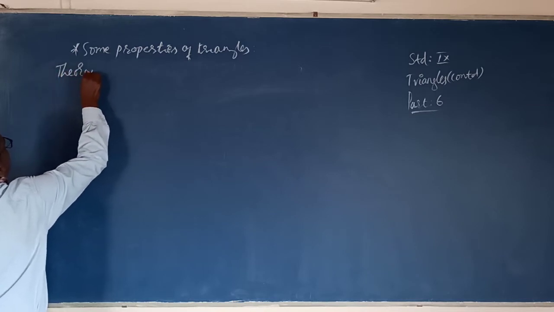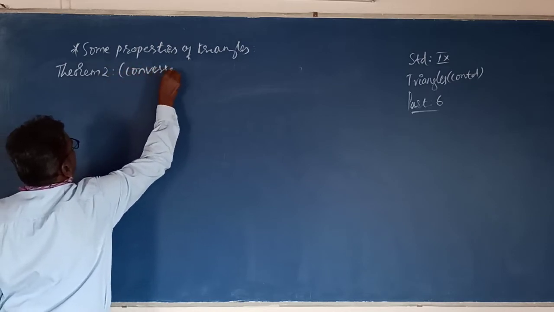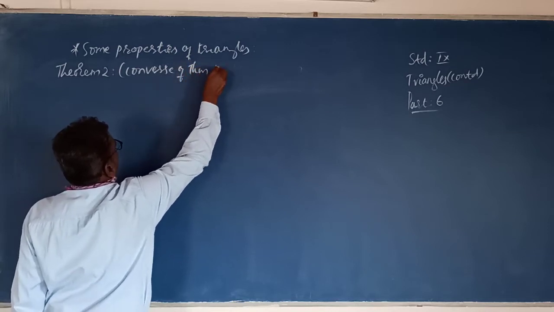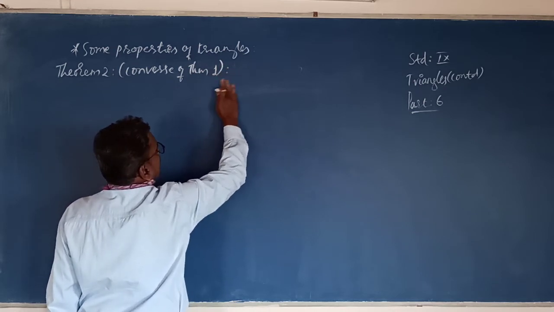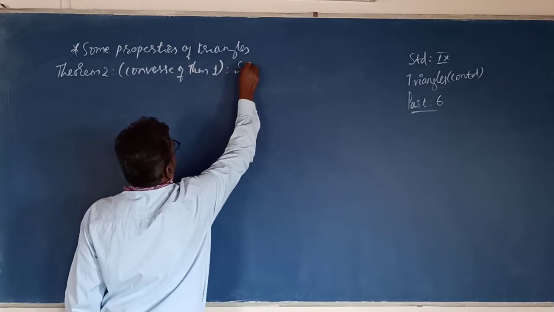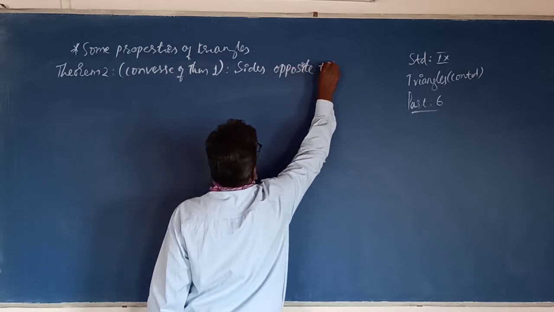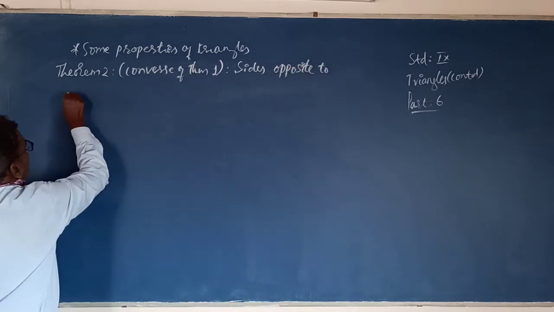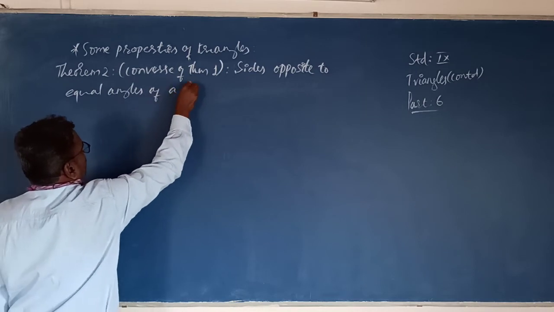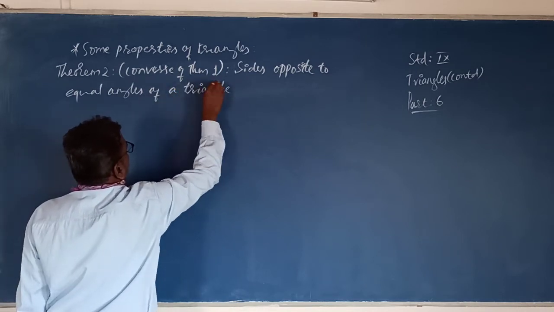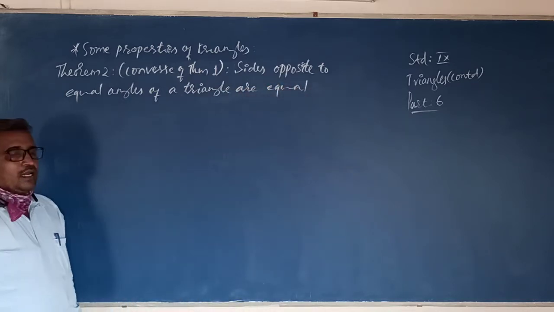As theorem 2, that is the converse of theorem 1: sides opposite to equal angles of a triangle are equal.